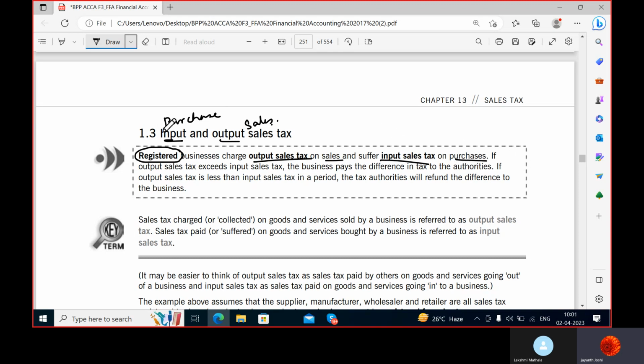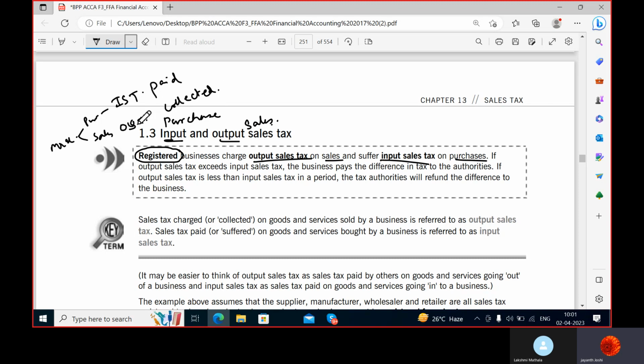So suppose Mr. X is a businessman. Definitely he will purchase goods and he will sell goods. Okay. So on purchase, he has to pay input sales tax. On sales, he will collect output sales tax. Input sales tax is paid by him. Output sales tax is collected by him.